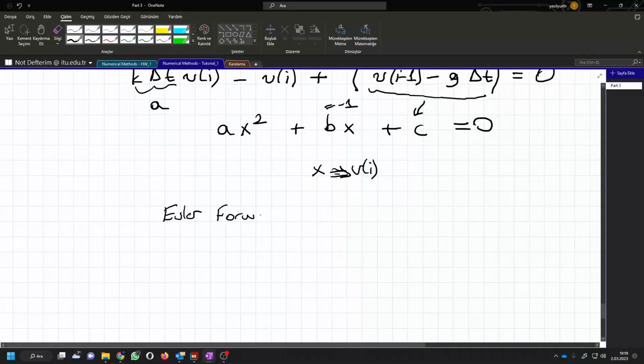Euler forward is a marching problem for our particle problem, by the way.